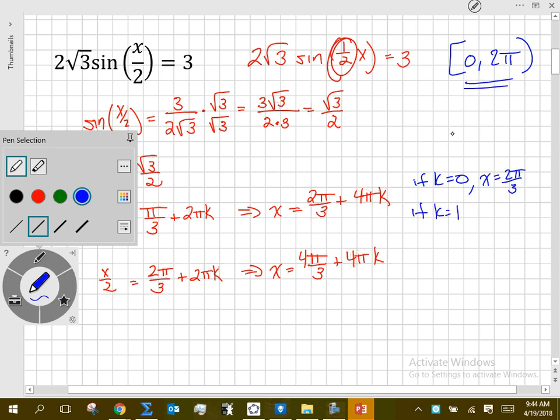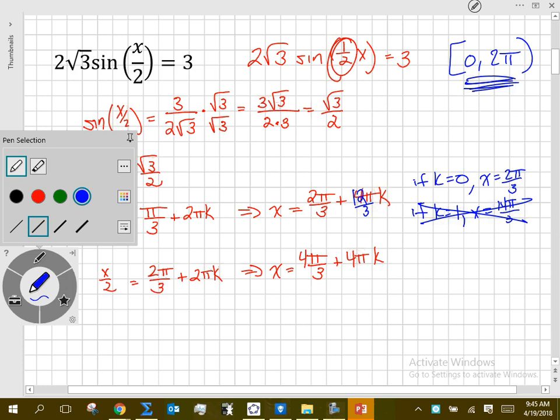If k equals 1, that's going to give me x to be, this would be 12 pi over 3, so it gives me 14 pi over 3. Is that inside this interval? Nope. So that's not a solution. The only solution that I get from this is when k was 0, at 2 pi over 3 being my x-value. Okay?